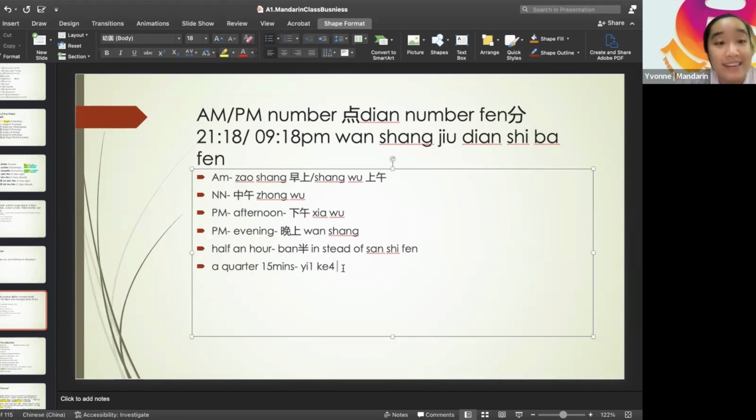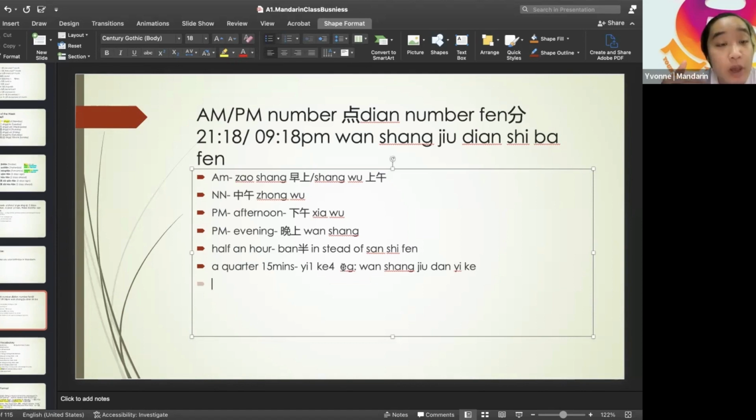So if I say 9:15 p.m., this would be 晚上9点 instead of 15分, because 15分 we say 一刻. 晚上9点一刻 instead of 晚上9点15分. Okay, this is how we say it.